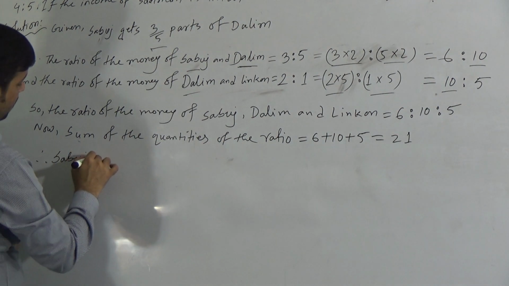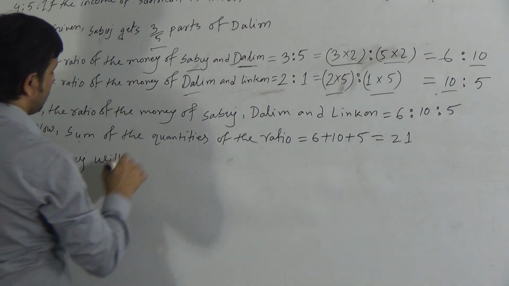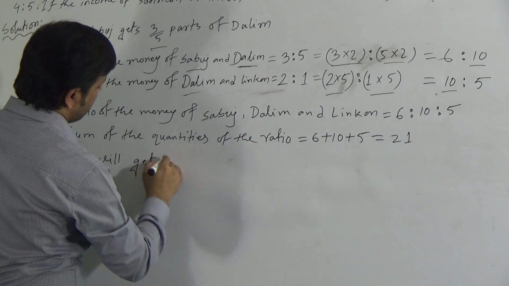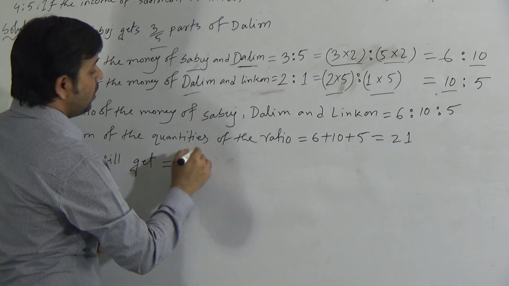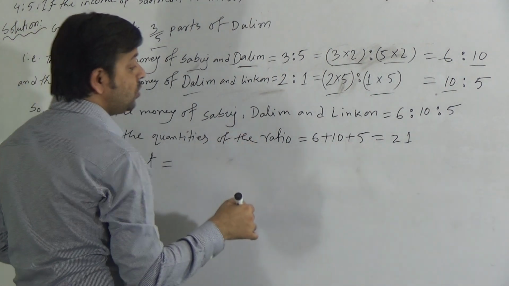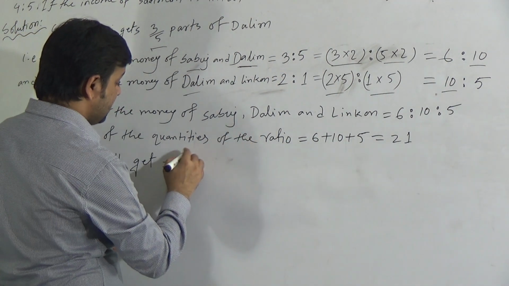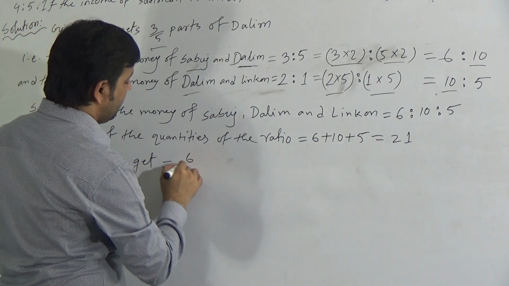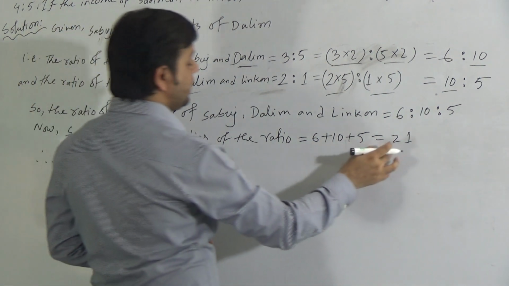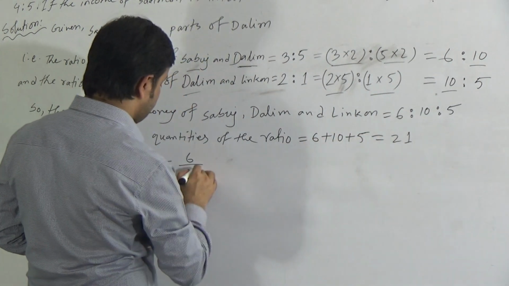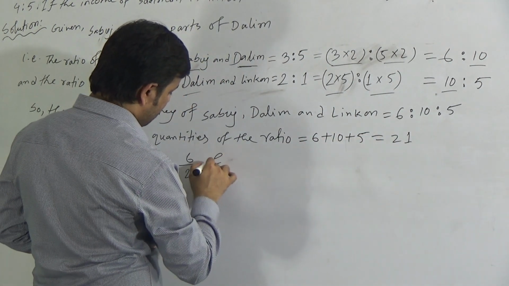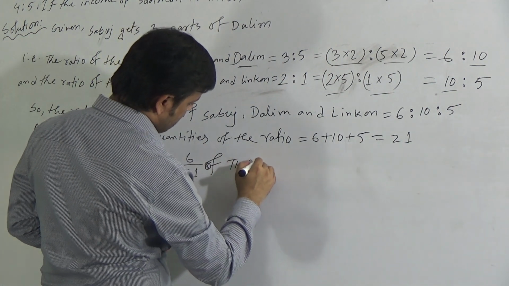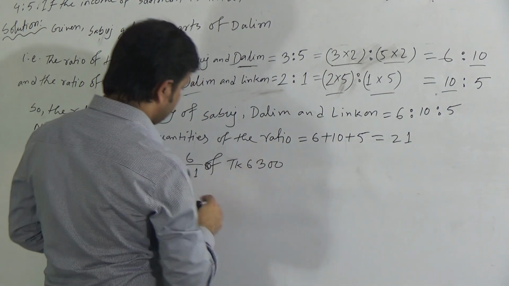Shobuj will get, as we are determining Shobuj's share, we have to write the quantity of Shobuj in the numerator and the sum of the quantities in the denominator, of the total amount, that is Taka 6300.